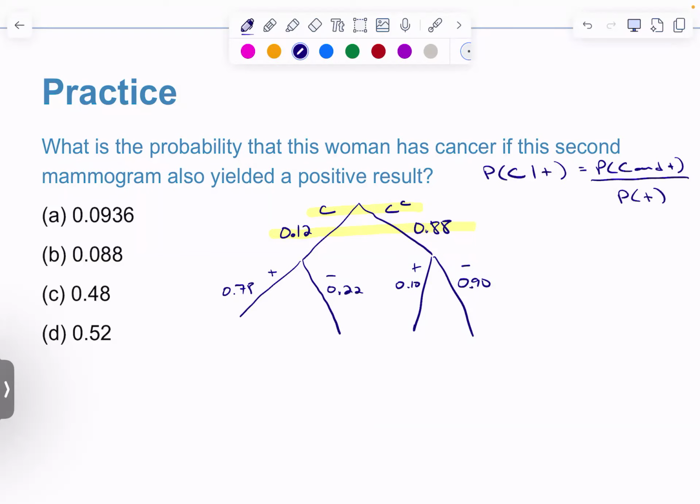These values are all going to change now because it's the second test. We can go through and calculate all the probabilities, but because I'm running out of time, how about I just circle the positive results and find those probabilities, because as we saw, those are the only ones we're going to need.